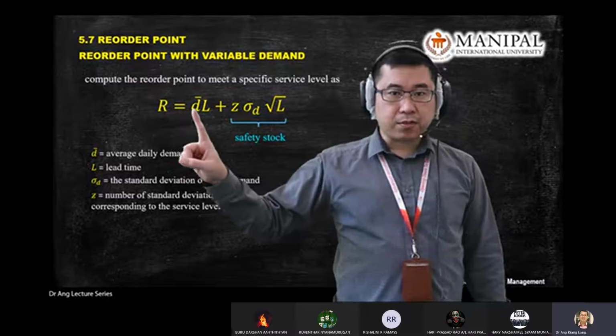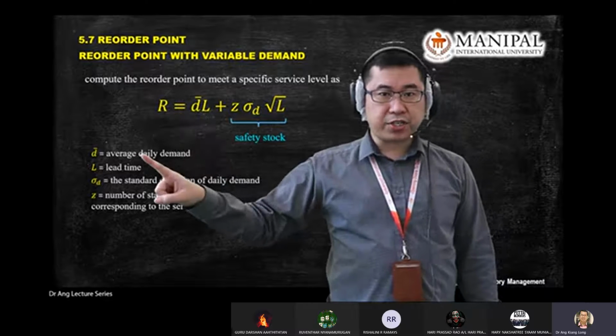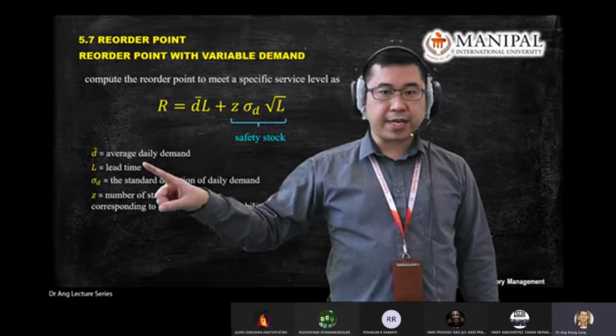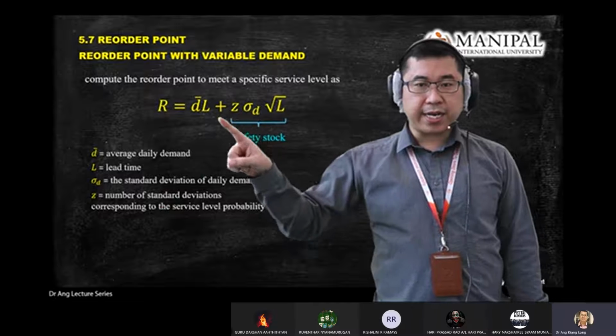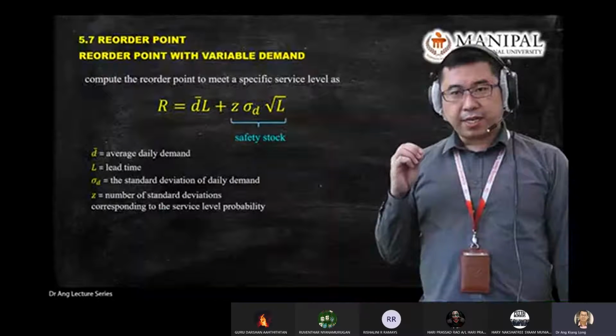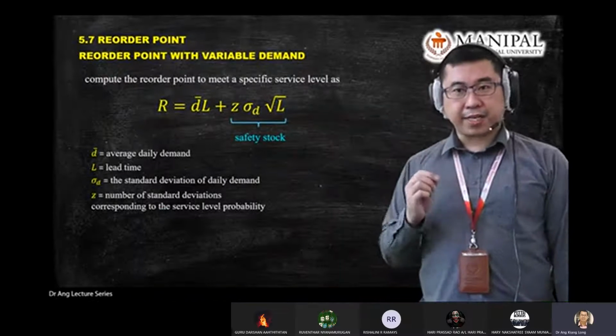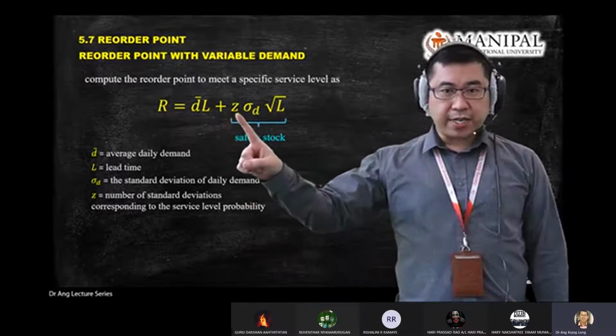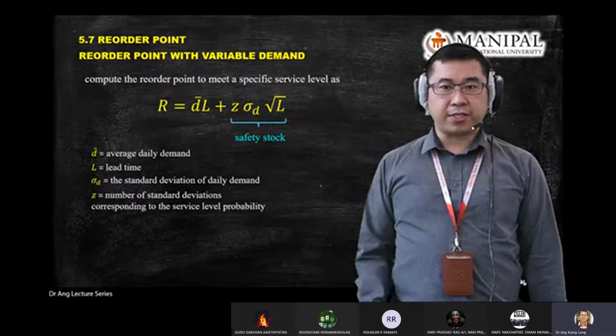So D hat is the average demand, and this one is daily demand. L is lead time. Z is the one that you calculate, that you learn in your mathematics statistic class, right? Z, you find the Z from the calculation.